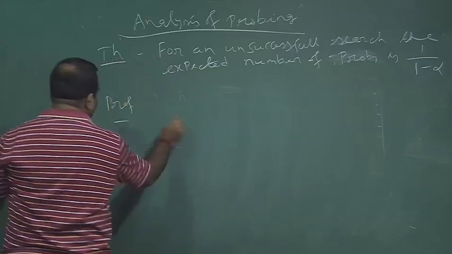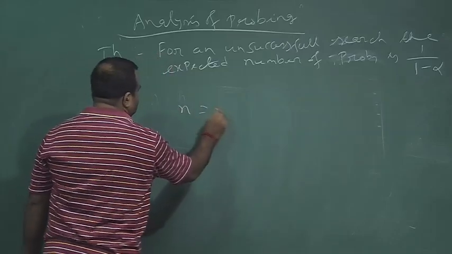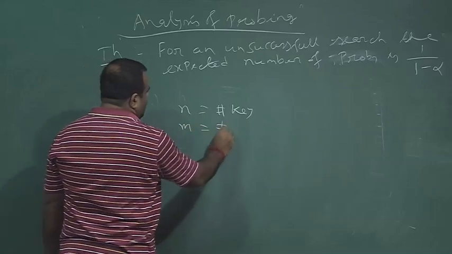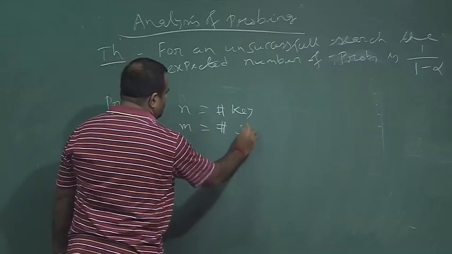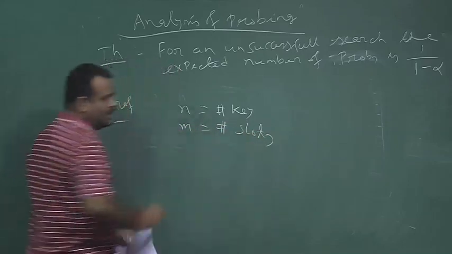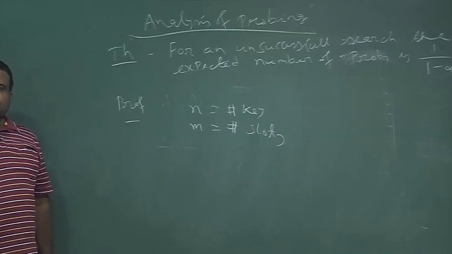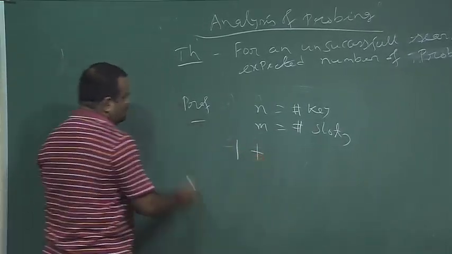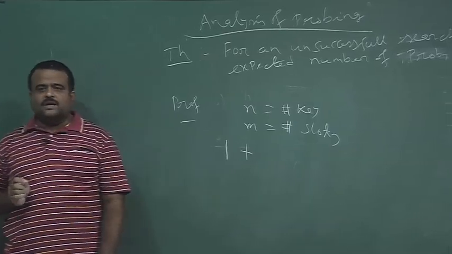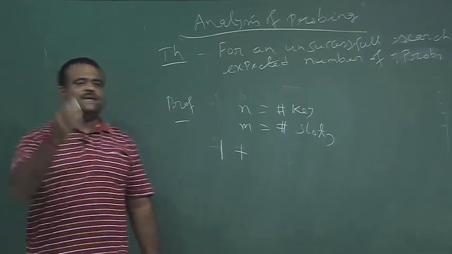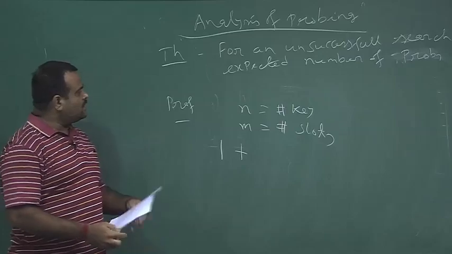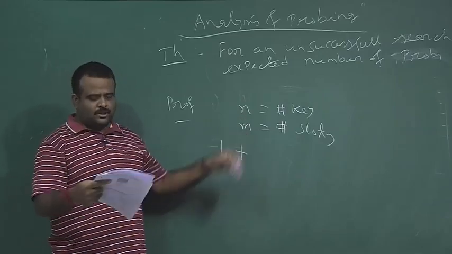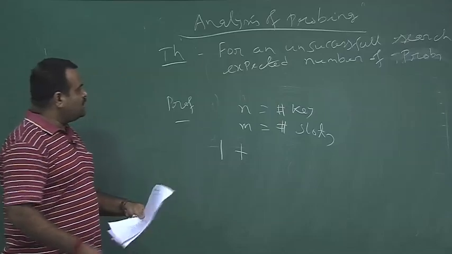Suppose there are n keys which are occupied in n slots of our table, whose size is m. One probe is always required, so this counts toward the expected number of probes. Now when we go for the second probe, there is a collision if we hit an occupied slot. There are n keys occupied in m slots, so what is the probability of collision?